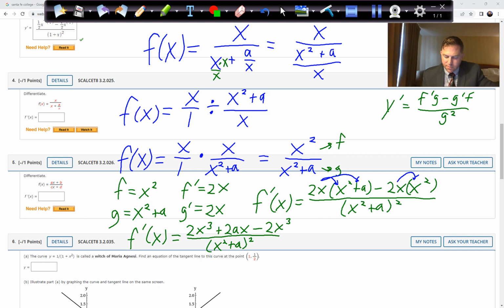And what we notice is the first term on top and the third term on top are exactly the same, opposite but equal, so they will cancel. So we're left with 2ax on top, x squared plus a quantity squared on the bottom.